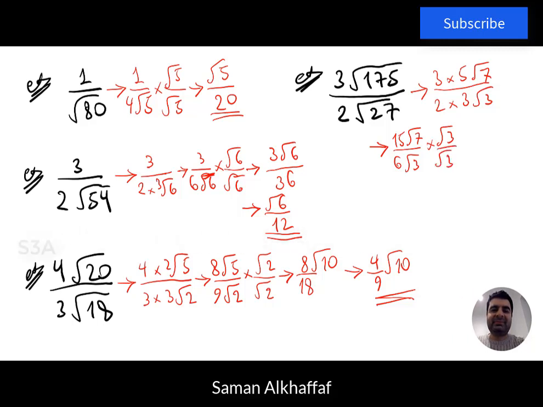Now at the top, we would have root of 21 and 15, and here we have 6 root 3 multiplied by root 3, which will be 3 multiplied by 6, that would give us 18. So now we try to simplify this term. So divide them by 3, it would give us 5 at the top and 6 at the bottom, and multiply by root of 21, and this will be our final answer.